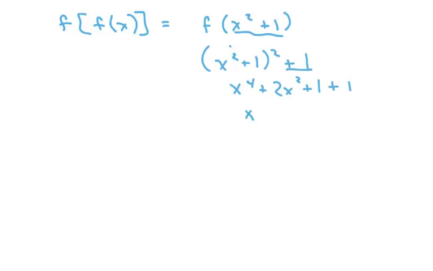So you get x to the 4th plus 2x squared plus 2. Our inner function is all real numbers, so the domain is all real numbers.